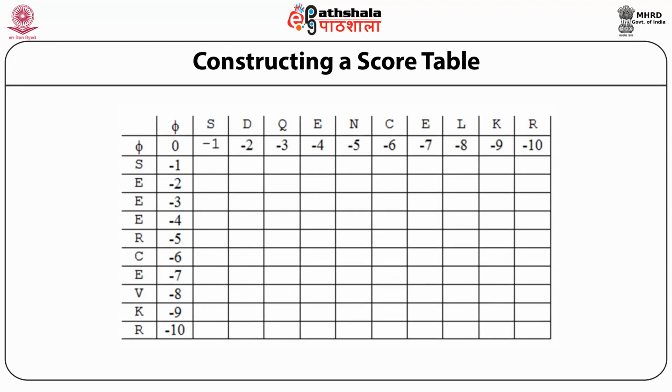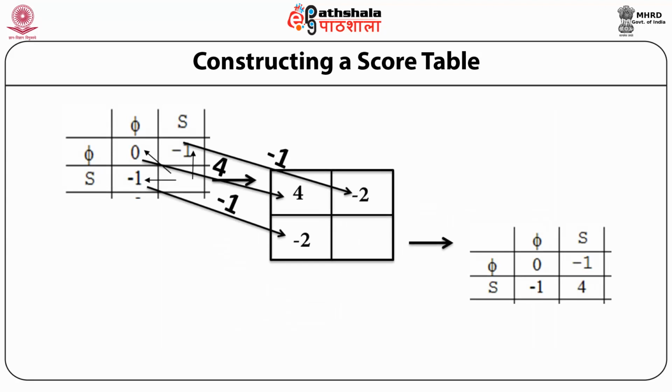Continue filling the gap scores in the second row and second column in this way, and it will end up as shown in this score table. Following dynamic programming algorithm, fill the score table for residue alignment using substitution matrix BLOSUM 62.